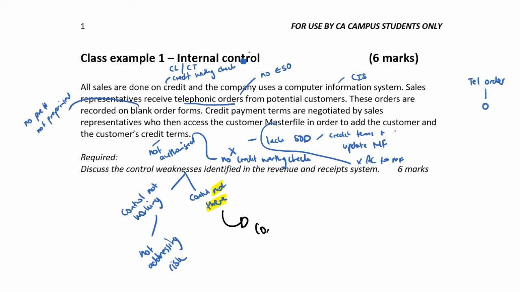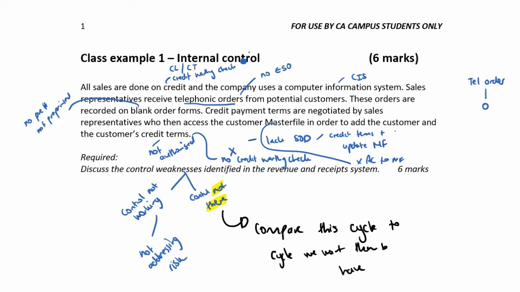Because I need to compare this cycle to the cycle that we want them to have, which would therefore include all of those controls that we believe need to be there.